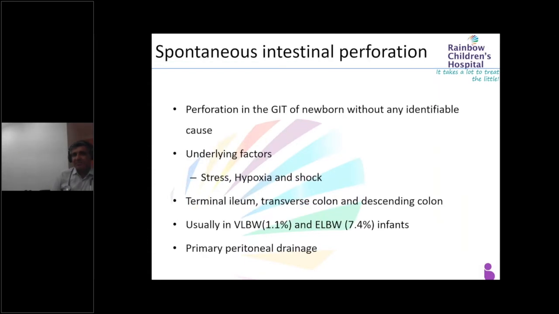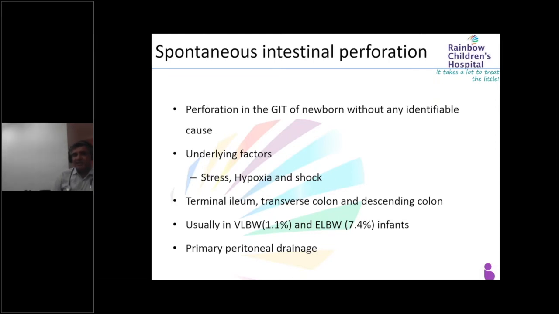Spontaneous intestinal perforation is an entity which is seen in very preterm newborns, in which there is perforation in the gastrointestinal tract of a newborn who has no identifiable reasons. There is a preterm newborn who is otherwise healthy, without any significant signs and symptoms of sepsis, and that can develop spontaneous intestinal perforation.